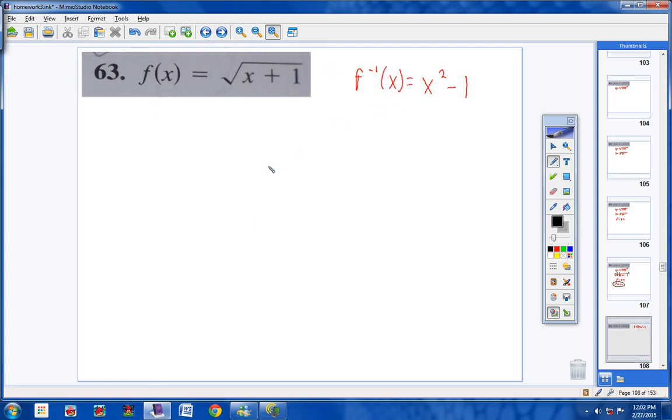Now, if I were to graph these, please watch carefully. First of all, I'm going to go ahead and graph this one in black. I go really fast here.